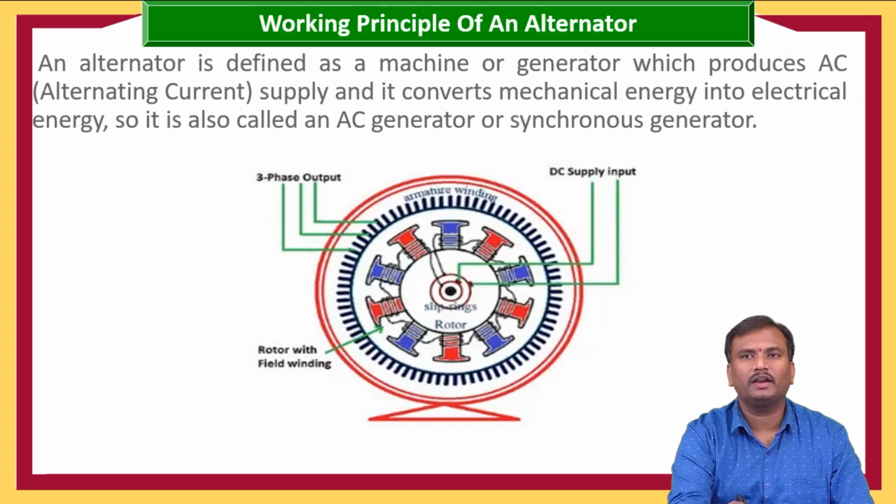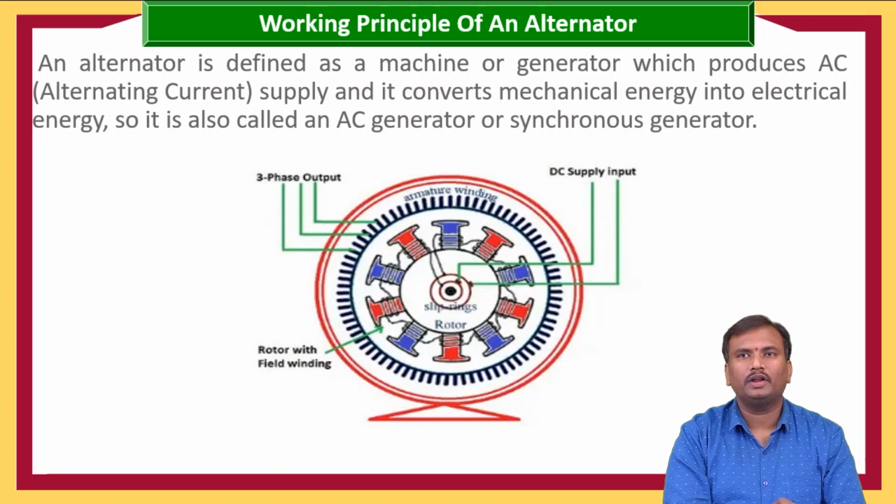So three windings we are going to have, whereas the rotor is going to have the field winding, which is going to have less value of winding. So we are placing the field winding on the rotor and armature winding on the stator, because in order to reduce the weight of the rotor. When we reduce the weight of the rotor, the speed of the machine will increase, because we can easily rotate.